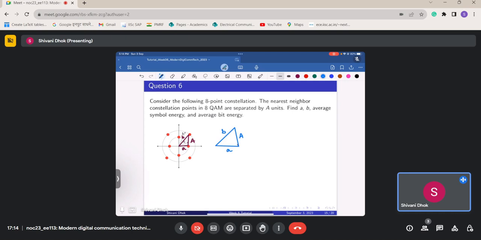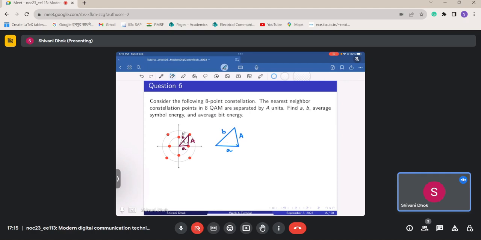So let me drop a perpendicular from here on this. Yeah, so this is what we are having.